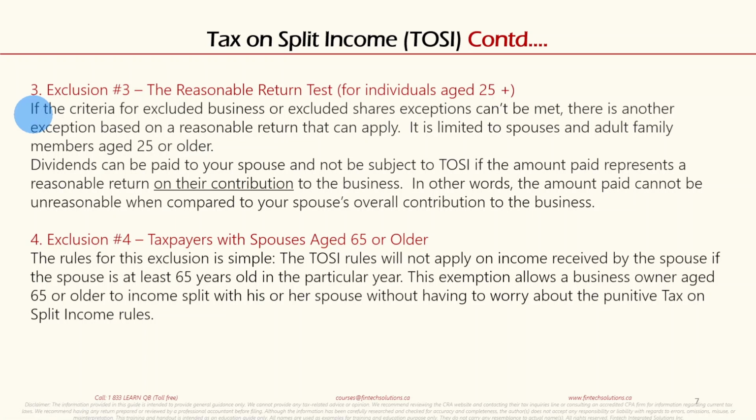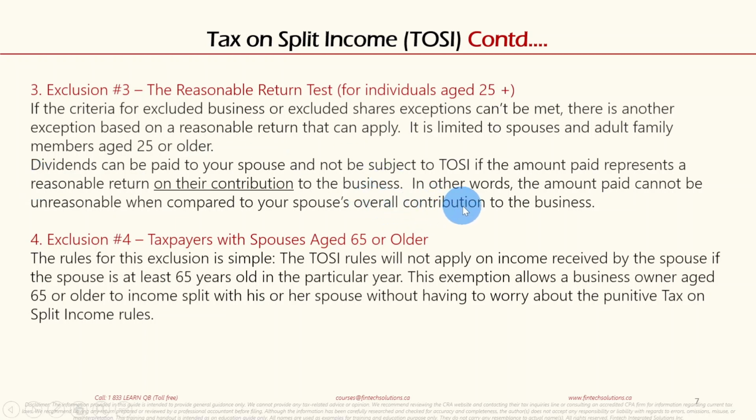Dividends can be paid to your spouse and not be subject to TOSI if the amount paid represents a reasonable return on their contribution to the business. Now, the important part over here is the reasonable return on the contribution to the business. In other words, the amount paid cannot be unreasonable when compared to your spouse's overall contribution to the business.